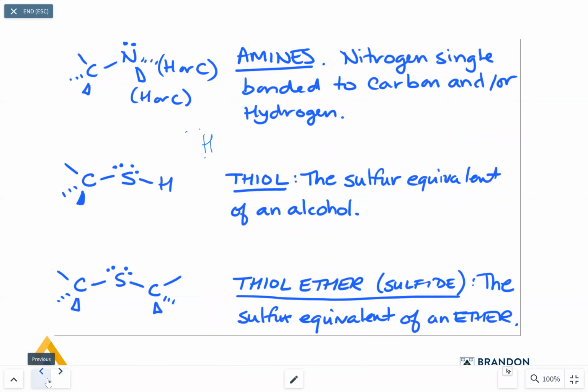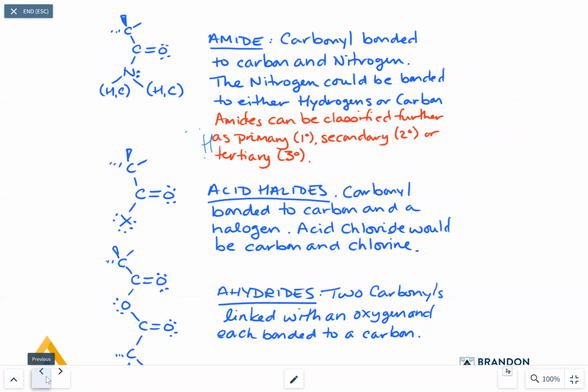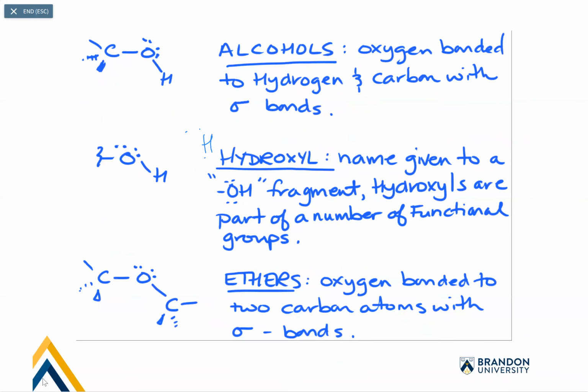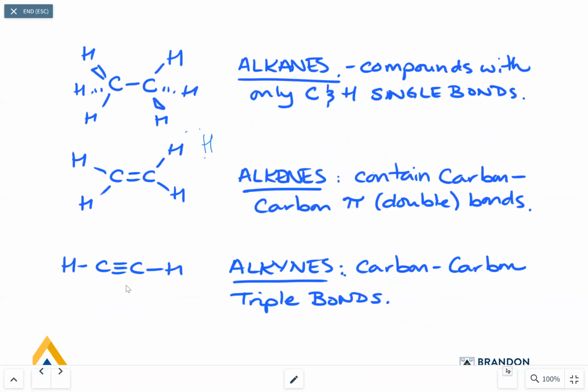Now, one of the things that would always be useful is to go through and draw some generic sort of molecule with, say, a double bond in it.